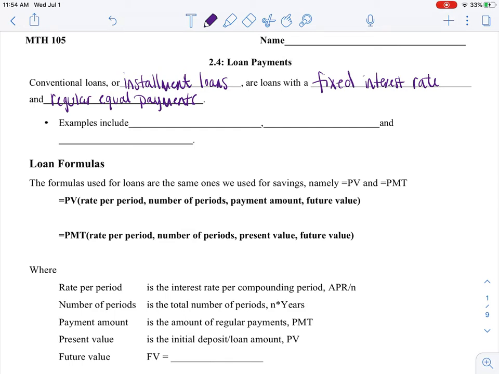These are things known as, which you probably have encountered once in your life, student loans, mortgages, and car loans.